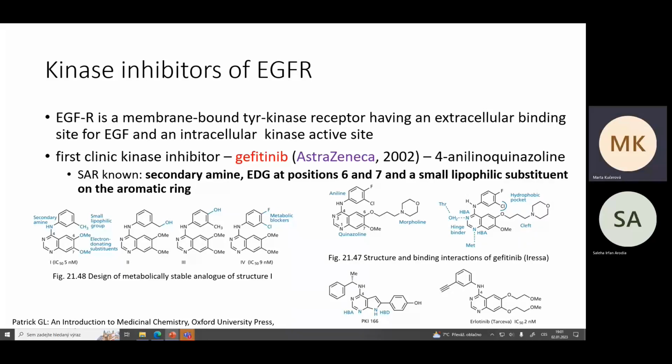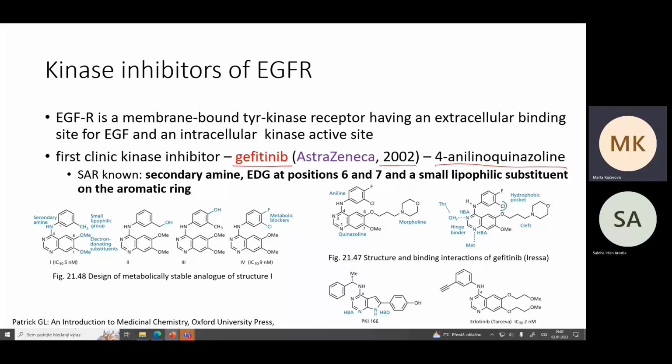So very first kinase inhibitor was gefitinib, developed by AstraZeneca in the year 2002. And the general structure is anilino-quinazoline structure, which means phenylamino substitution on quinazoline moiety.